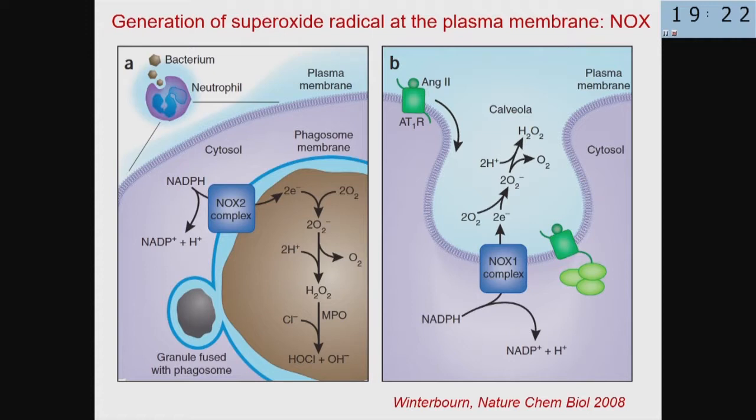In some cases, radicals are utilized to kill bacteria, invading pathogens and even tumor cells, and some of this is done by the oxidative burst promoted by phagocytosis and the activation of the NOX2 enzymes, the NADPH oxidases, and basically a pathogen engulfed inside a phagosome, and we have done extensive work for Trypanosoma cruzi and other bacteria.